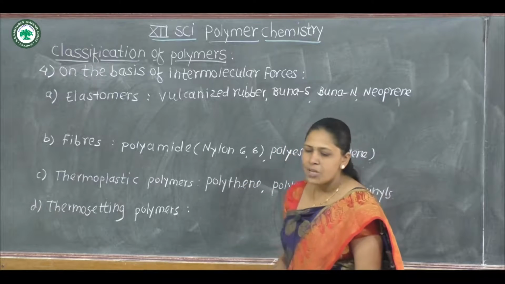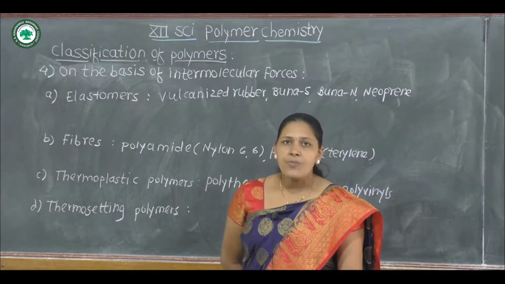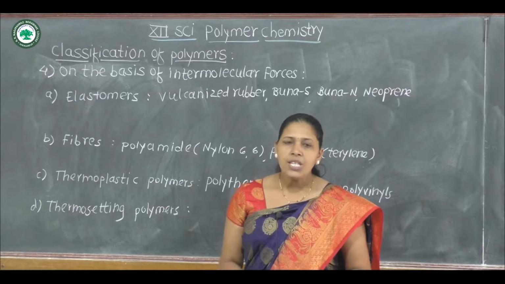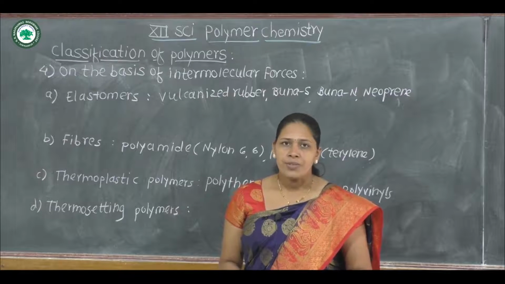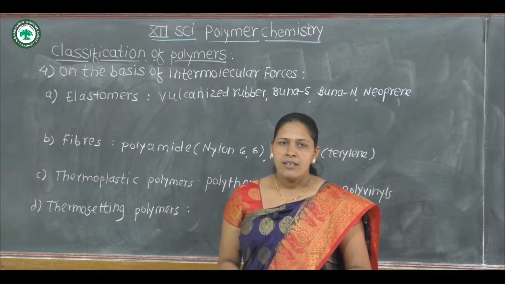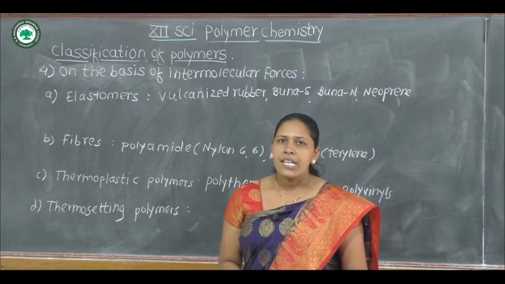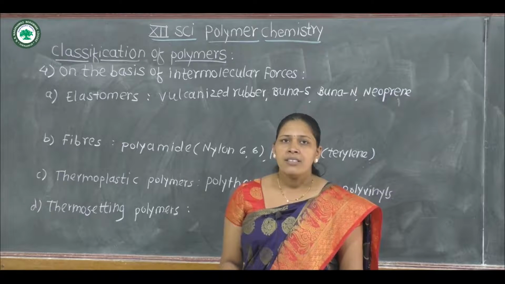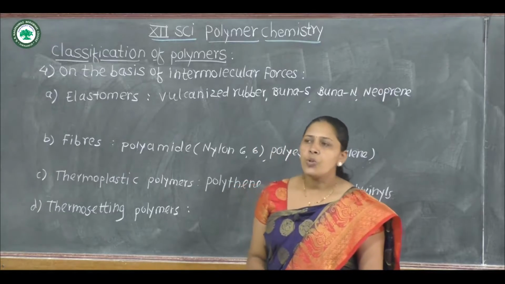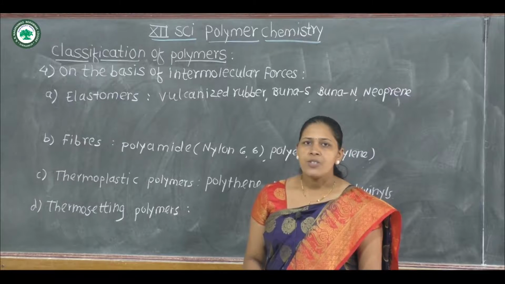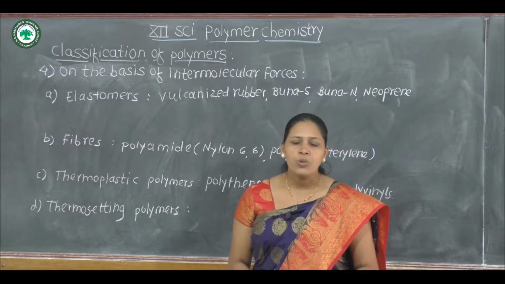Then thermosetting polymers. Thermosetting polymers are rigid polymers. During their formation, they can be shaped on heating, and on cooling they can be hardened, but they are not capable of repeated softening due to heating and repeated hardening due to cooling.